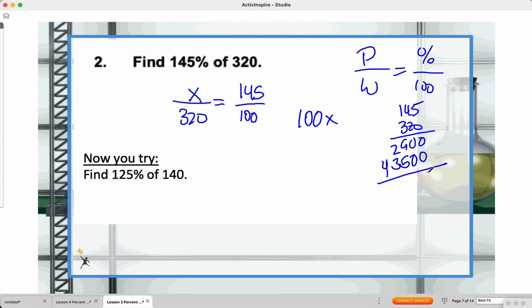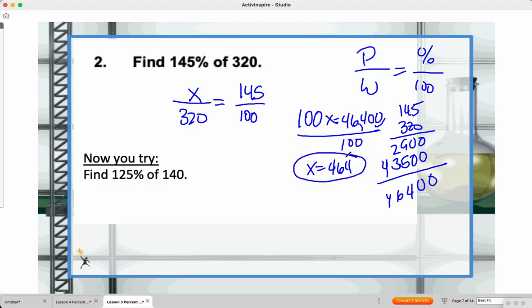So when I multiply that, that gives me 46,400. Then I move my decimal point 2 to the left when I divide by 100. X is going to equal 464. Okay, pause the video and figure out your next problem.